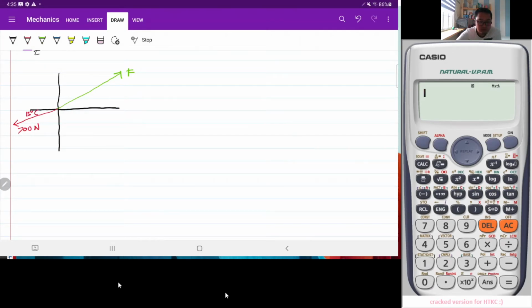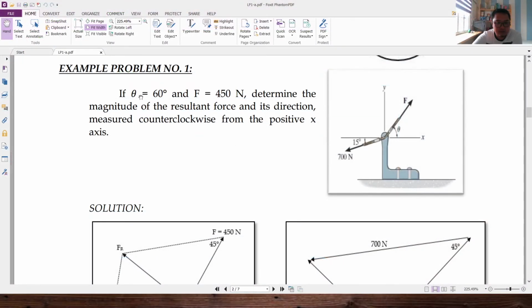The question is, if theta is 60 degrees, and F is 450 Newton, determine the magnitude of the resultant force and its direction measured counterclockwise from the positive x-axis.